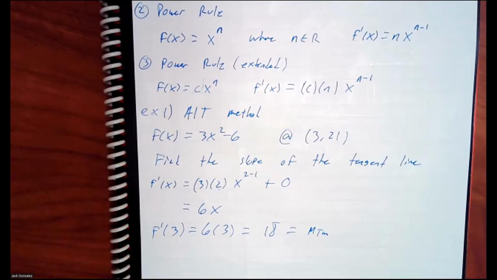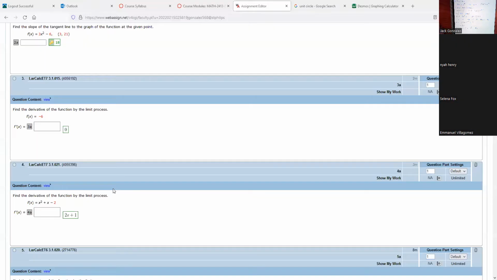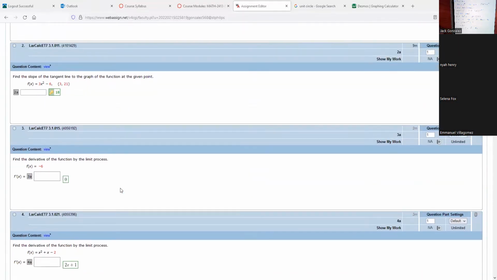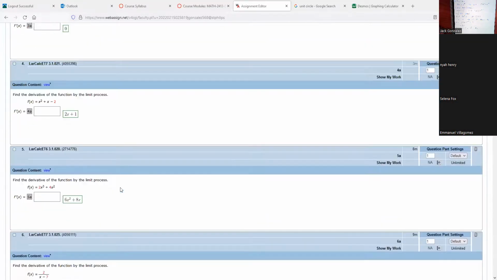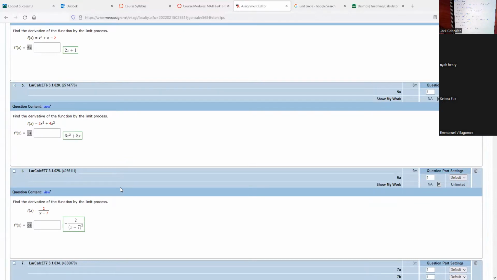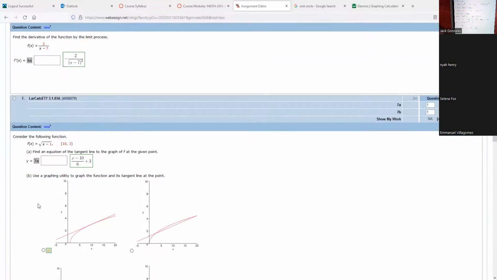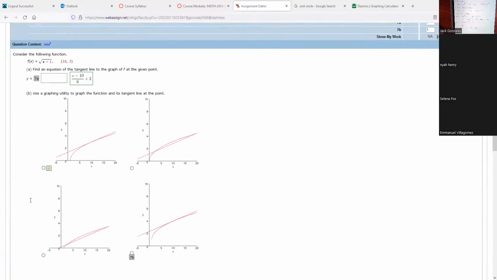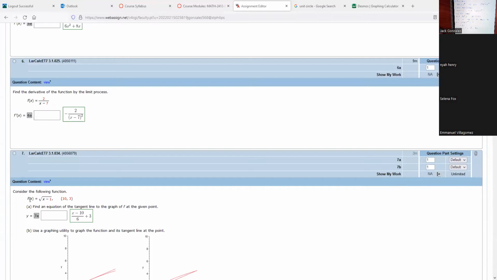But you're going to see in the homework, there's a couple that you have to use the limit process because we haven't learned all the techniques. If you look at 1 through 5, you can use the shortcut, no problem. 6, 7 cannot, because we haven't talked about fraction type or square root types.